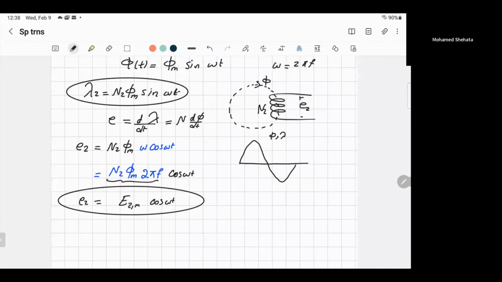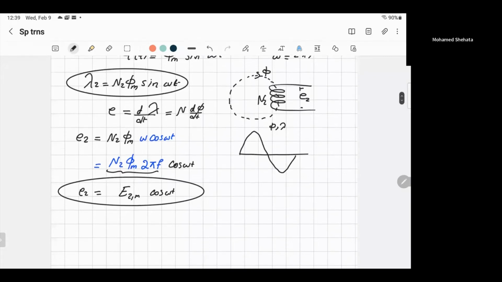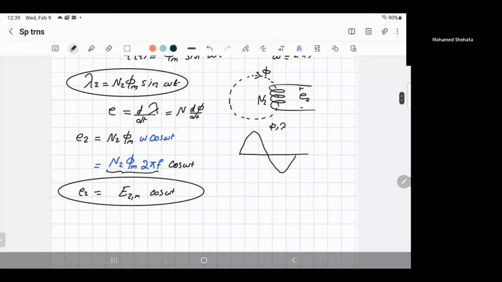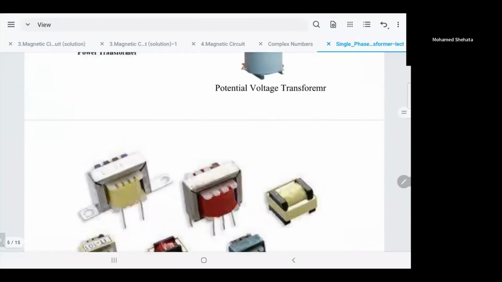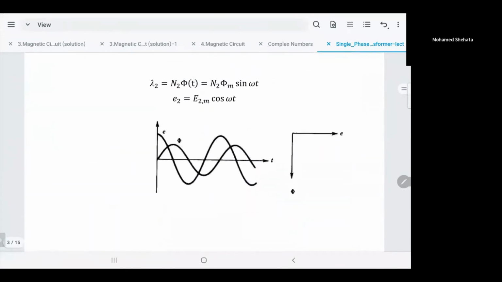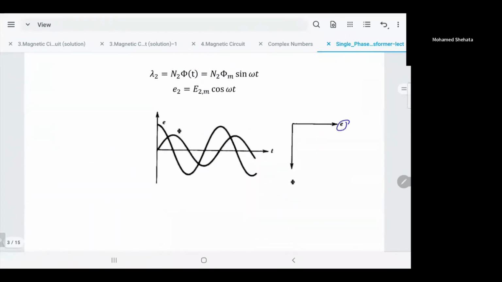What do you observe? The flux which induced this voltage is sine with its maximum value, and the E produced is cosine, right? So that's why when you do the phasor relationship between both, you'll find that's the EMF and that's the flux.